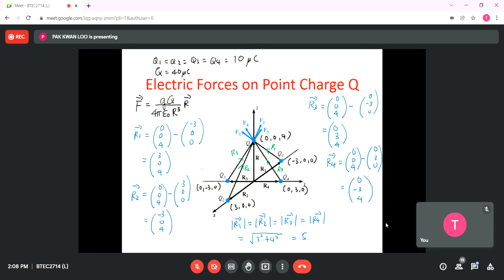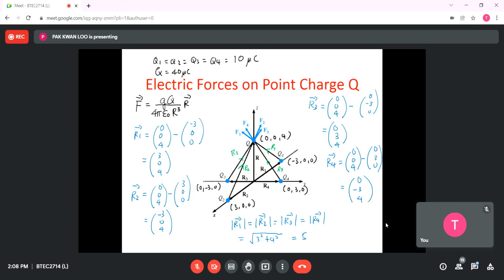The product of each charge is also the same, because Q1 is 10 microcoulomb and here is 40 microcoulomb. The only thing that is different is the vector, the direction of the force pointing from Q1 to Q is different from Q2 to Q and the rest of the charges.